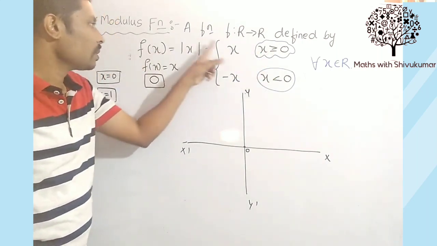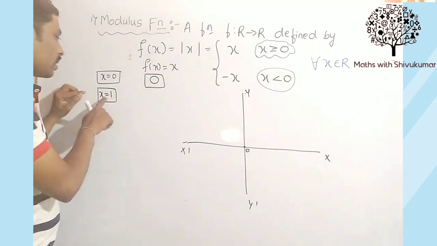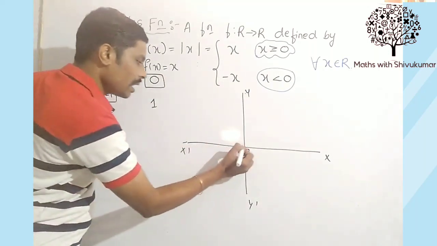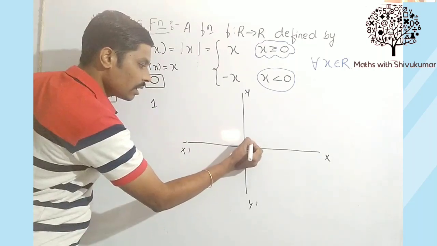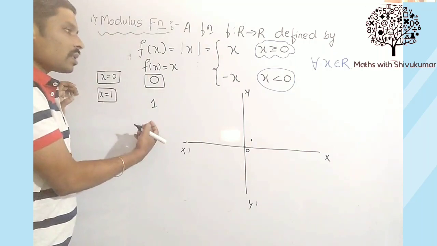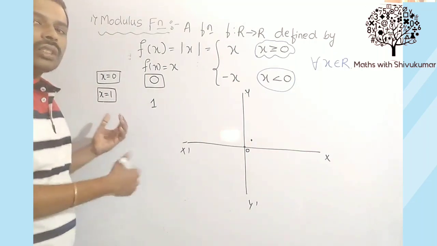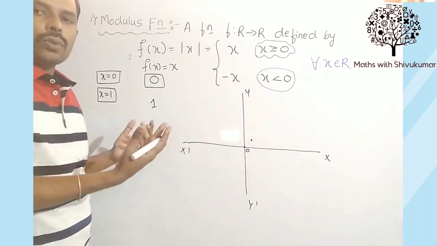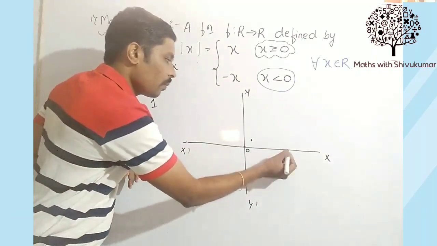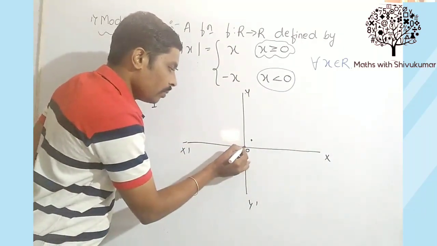So we choose this x only. If I substitute x is equal to 1, you are going to get 1. Similarly, if you substitute 2, you will get 2, then 3, 3, 4, 4, and so on. So the graph will be like this.